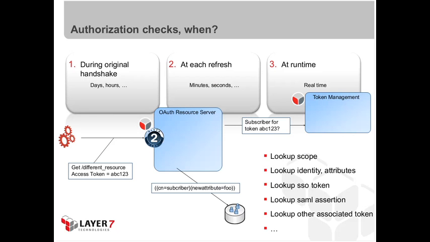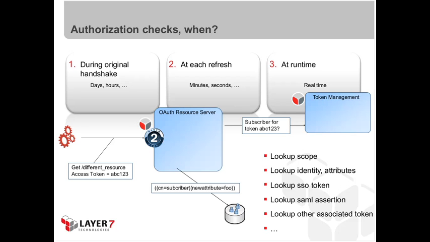So if that's the case, the authorization check done during the initial handshake might be hours or days old. If you recheck the authorization at each refresh, you end up with authorization decisions that are more likely seconds and minutes old as opposed to hours and days. So in some cases, this is good enough. This is the right balance.